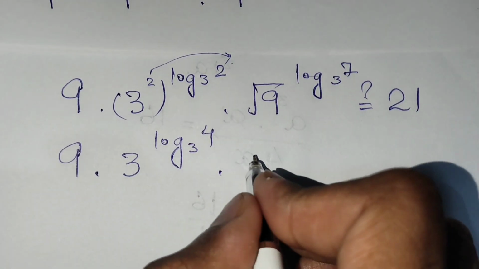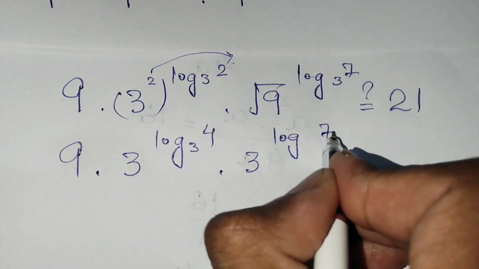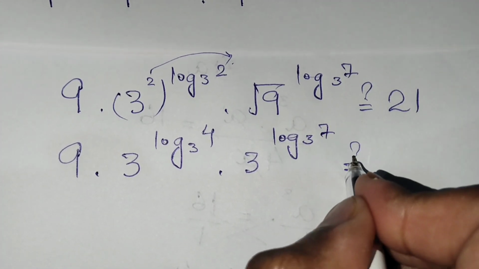Square root of 9 is 3, power log of 7 with the base 3, over 12, equals 21.